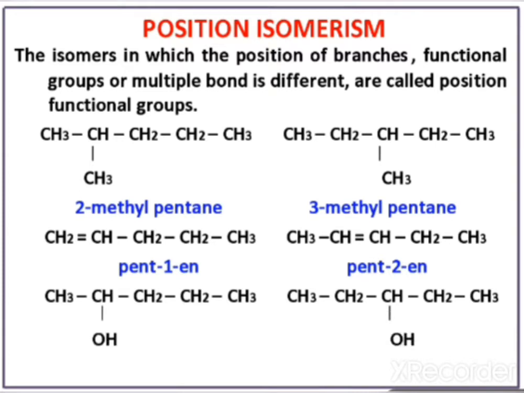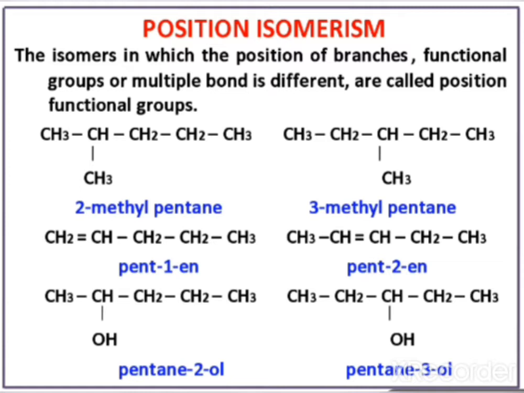So the names will be pentan-2-ol and pentan-3-ol. So again, in all these 3 cases, you can see the difference is in position, not in the skeleton of carbon. So these are position isomers, and the phenomenon is position isomerism.